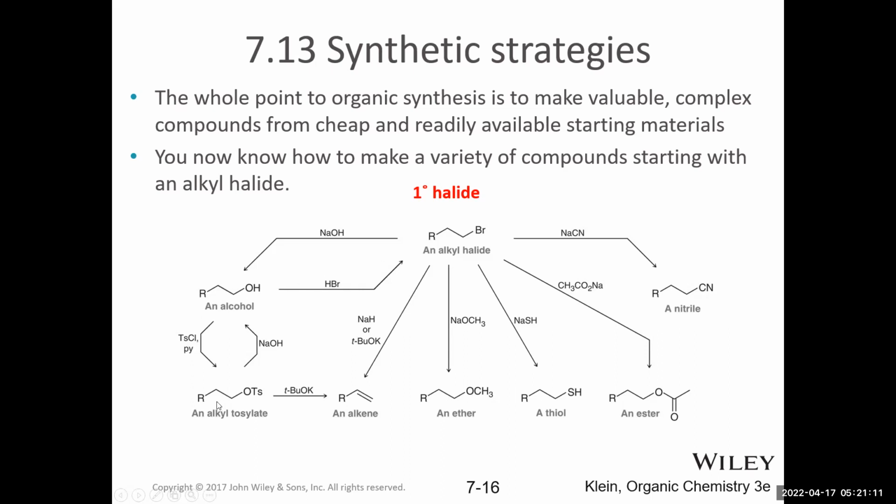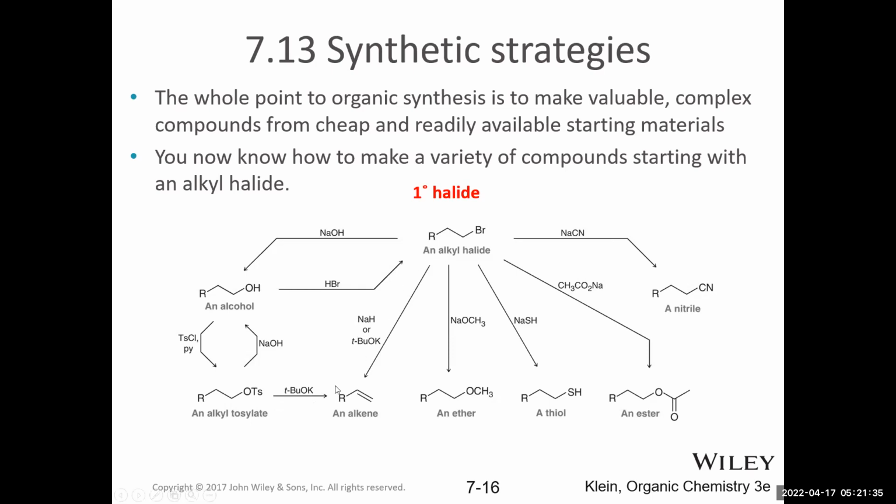Tosylation was also introduced in this chapter, which is a way to convert an alcohol into a good leaving group. And that is typically useful for either SN2 or E2 reactions, where we need a good leaving group. This is an example of an E2 reaction with a strong bulky base, giving us an alkene product.